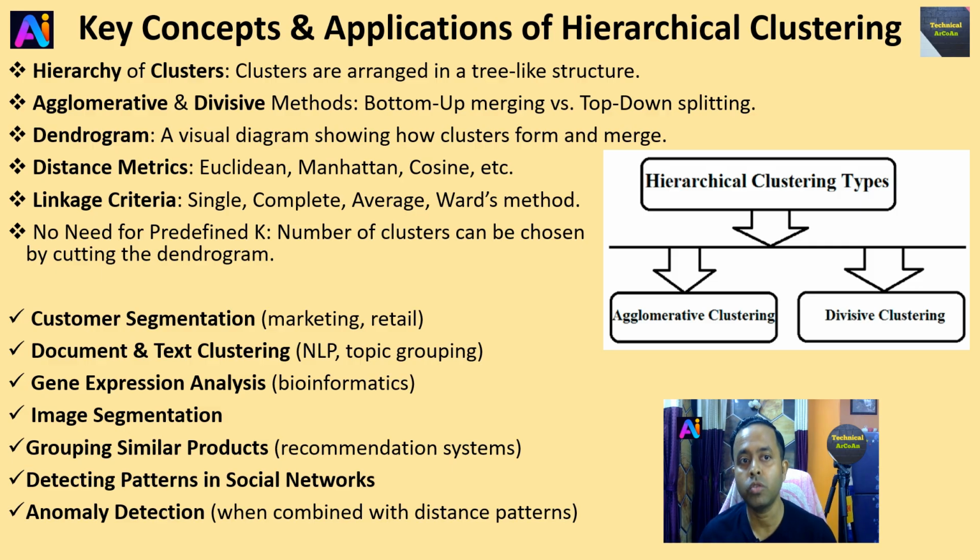Dendrogram: a tree diagram showing how clusters form and merge. Distance matrices: Euclidean, Manhattan, cosine, etc. Linkage criteria: single, complete, average, Ward's method. No need for a predefined k; the number of clusters can be chosen by cutting the dendrogram. The diagram shows the hierarchical clustering types, agglomerative and divisive.